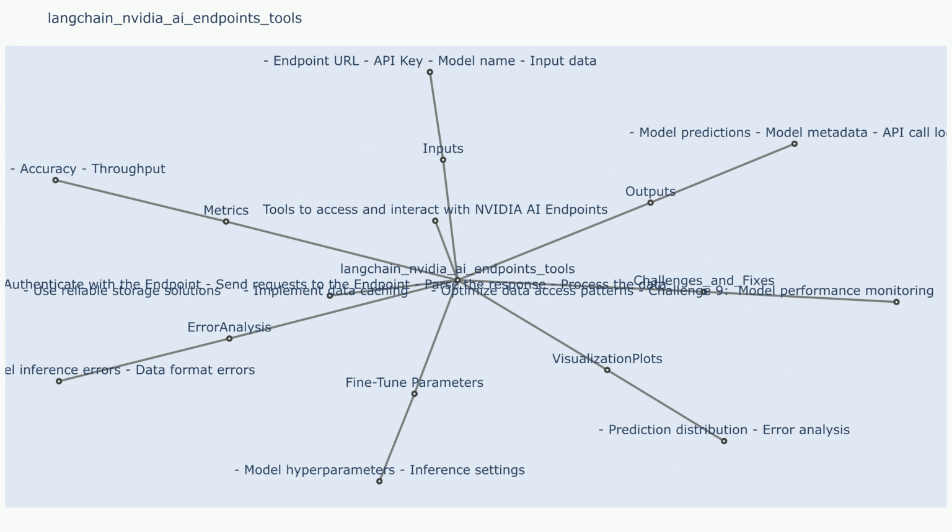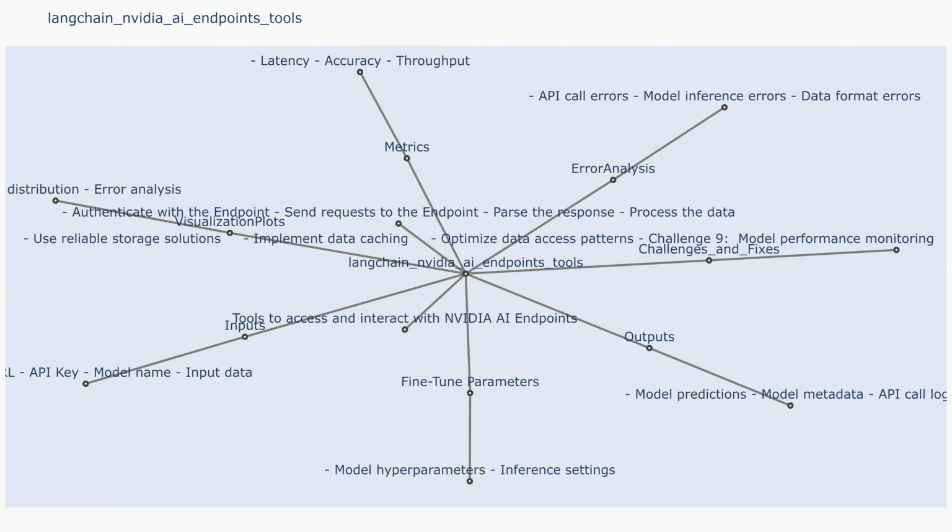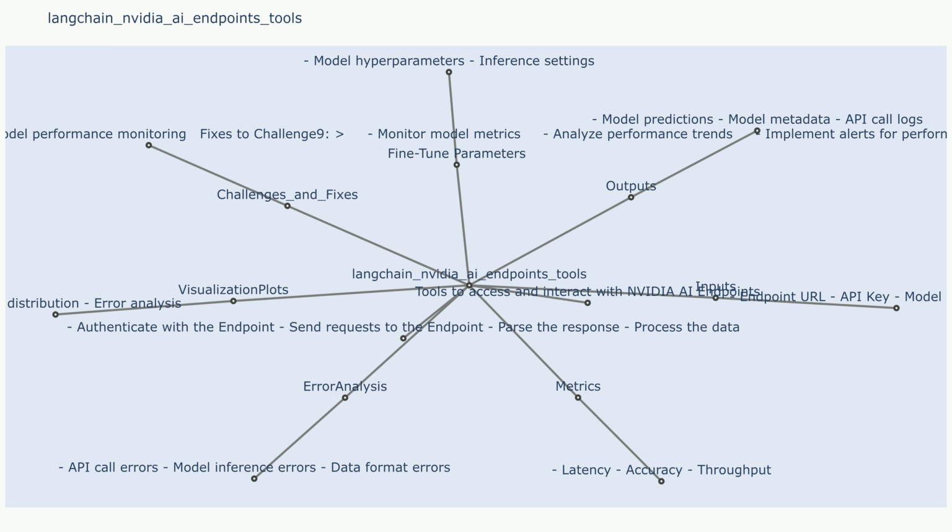Metrics. Latency, the time it takes for the endpoint to process your request and return a response. Model performance metrics specific to the chosen model, such as perplexity, accuracy, or BLEU score, depending on the task. Resource utilization metrics related to the computational resources consumed by the endpoint during processing.